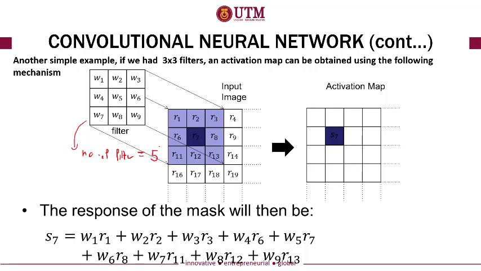The 5 here, the number of filters, is also known as the channel. So if your channel is equal to 5, that means the number of filters is equal to 5, in other words, the filter channel is equal to 5, meaning that you have 5 filters. Each filter you execute with one convolutional operation, then the second filter you also apply the convolution, so you will do it 5 times because you have 5 filters.